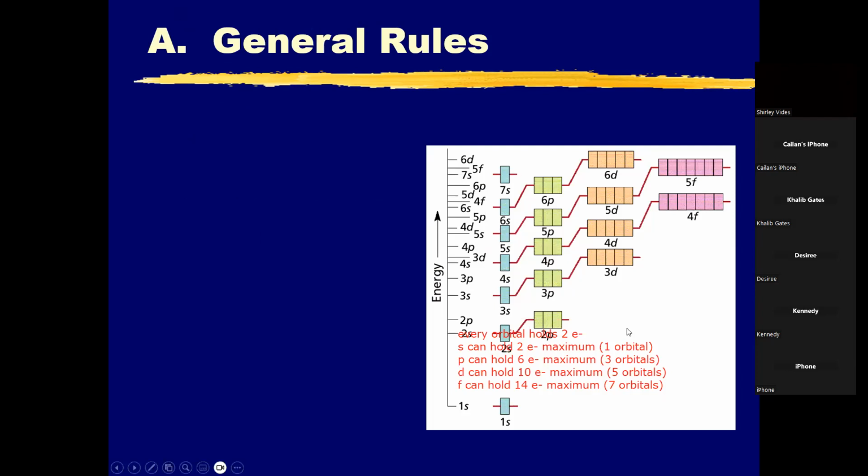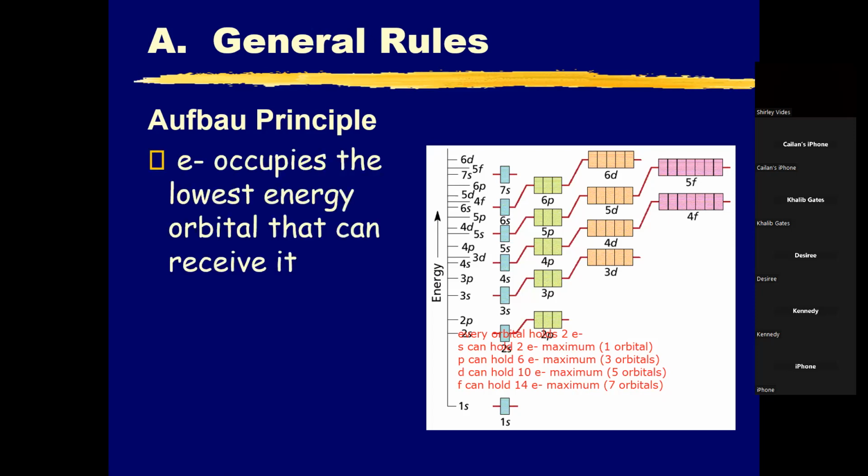All right, so this is the same little diagram that was at the beginning. This is just an energy loading diagram. So this is the next rule. It's known as the Aufbau principle, which states that every electron will occupy the lowest energy orbital that can receive it first.